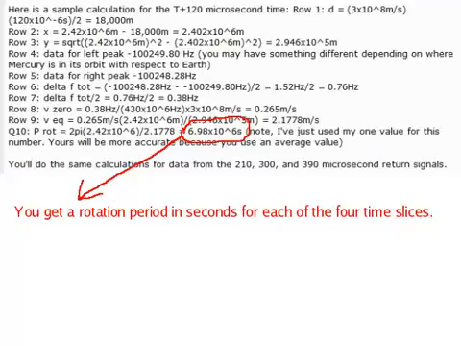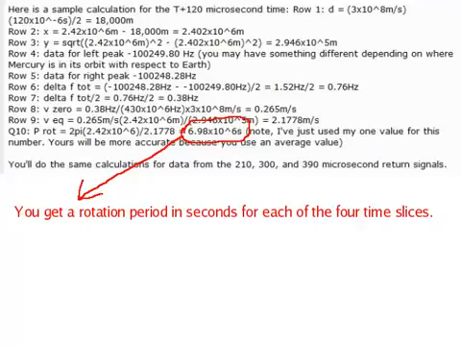And then in question 11, you take the average of those four values. The first one I did was for 120, and I used row 9, the first number in that, to do my calculation. Do I continue it for each of those, like 210, 300, 390? Yeah, you're calculating a rotational period in seconds for each of those.